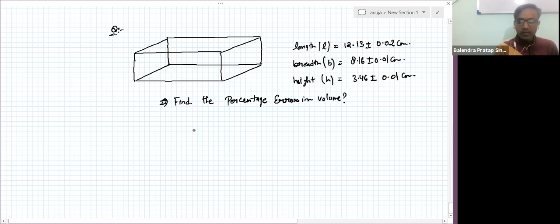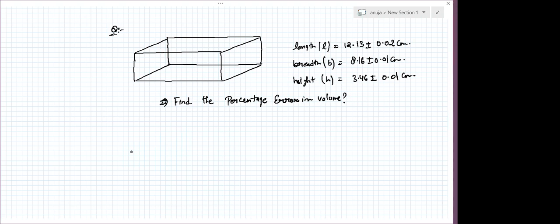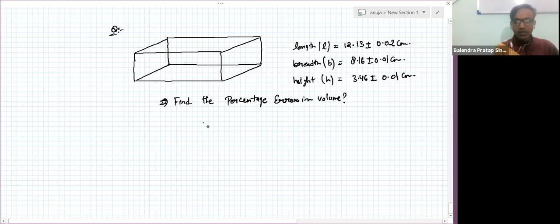So the percentage error in volume is delta V upon V. What is the formula which we have to use here? What is the formula of this kind of shape, you know? Okay, I'm giving you the formula: V is equal to LBH.